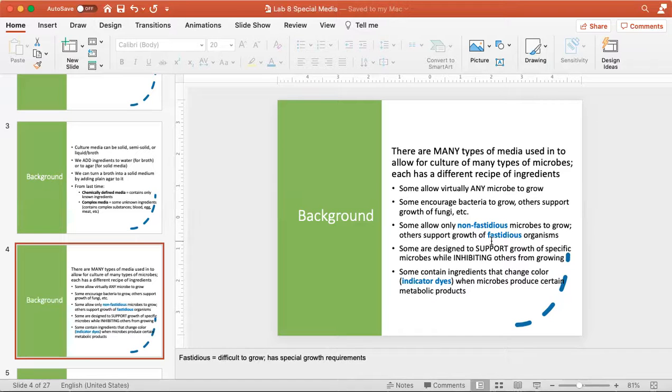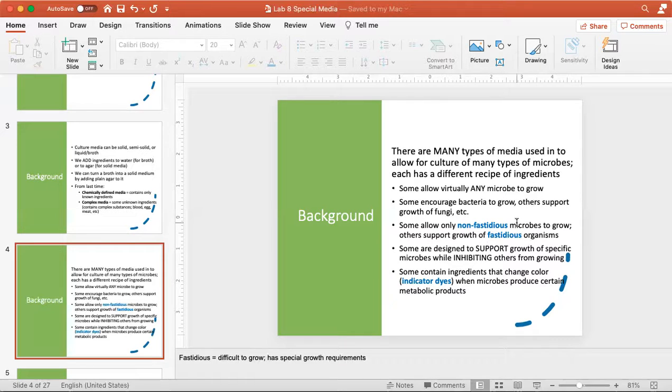It just means that they have particular nutritional requirements or they have particular requirements for incubation that make them difficult to grow. In comparison, other microbes are very easy to grow. We refer to those, of course, as being non-fastidious.